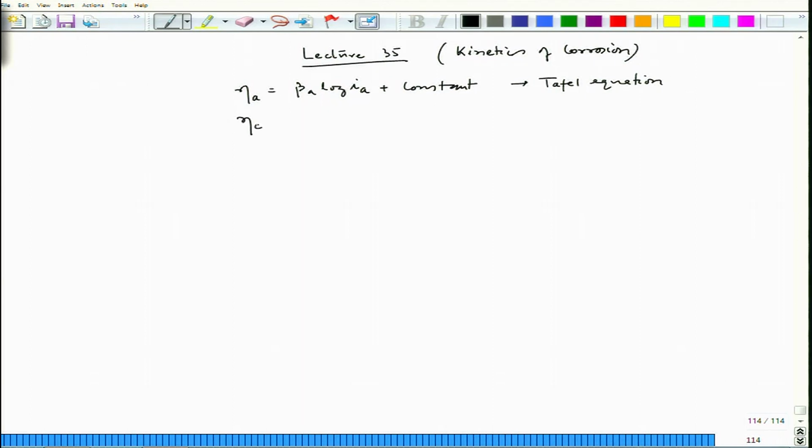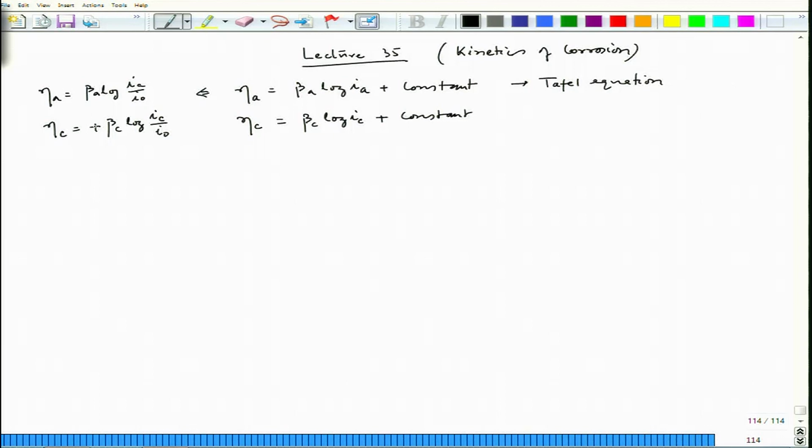Similarly, for cathodic over voltage, it was beta C log I C plus constant. If we try to write the complete one, eta A equal to beta A log I A by I0, and eta C equal to minus beta C log I C by I0.